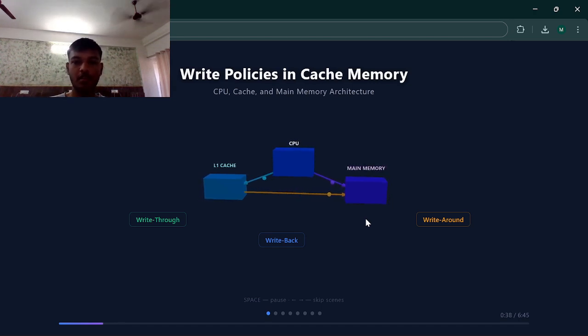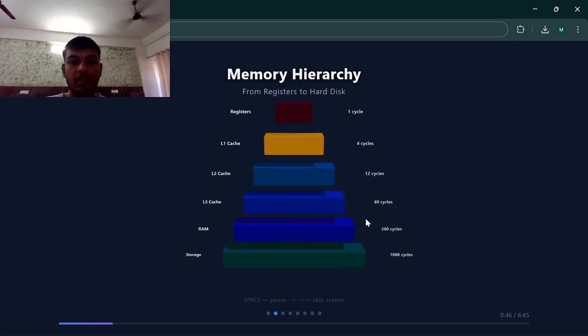From the next animation, to understand the policies, we must first understand the memory hierarchy. At the top we have the register. Let's pause the animation. As you can see, first it is shown as a register.